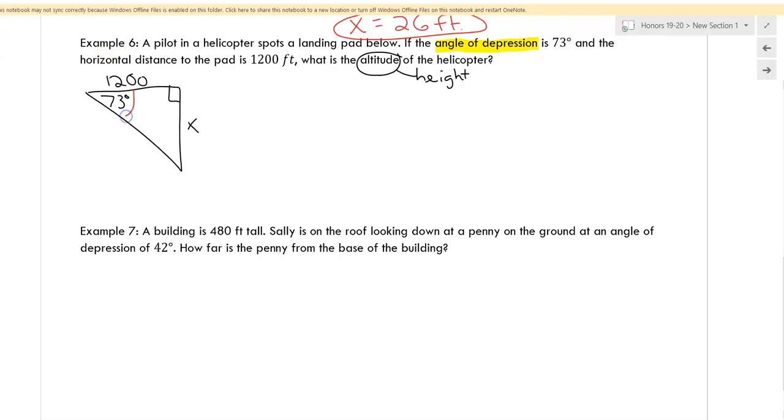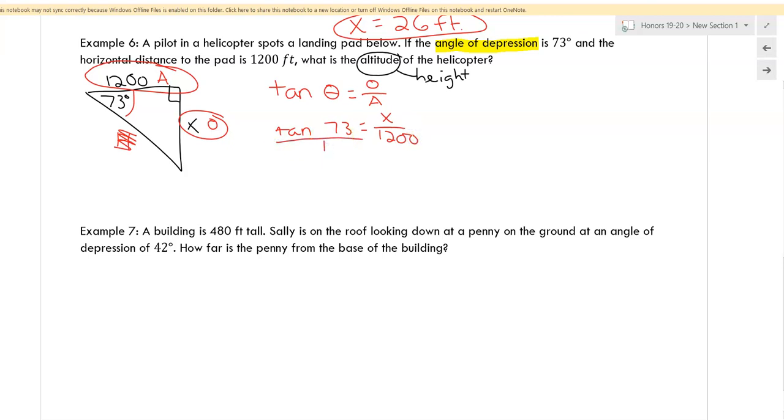So again, here's my angle. We have our opposite, our adjacent, and the hypotenuse. In this case, the hypotenuse is unimportant. So I want to use my opposite and my adjacent side. That means I'm going to be using tangent. So tangent of 73 equals x over 1,200.